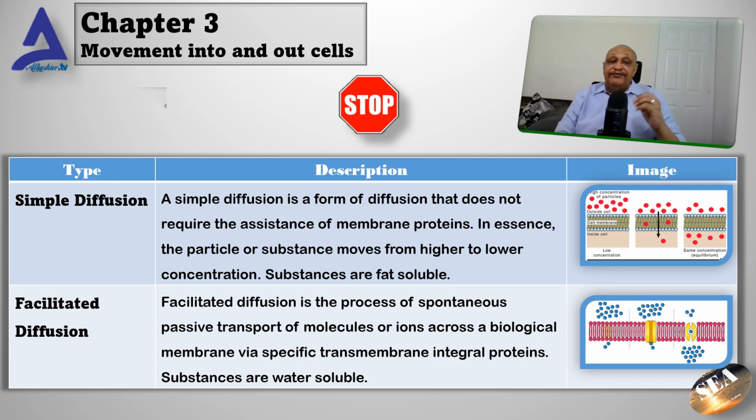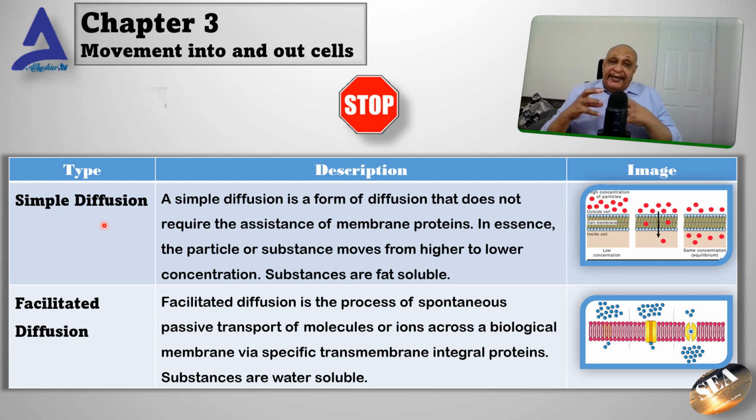A simple diffusion is a form of diffusion that does not require the assistance of a membrane protein. You know that we talk about the cell membrane, and we say that the cell membrane is a bilayer of lipids sandwiching proteins.